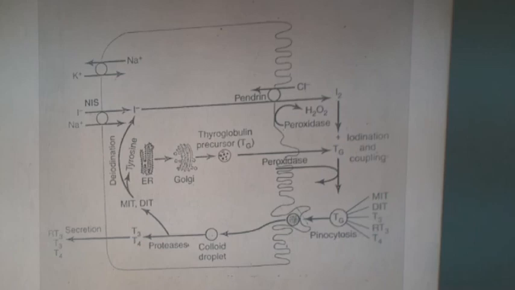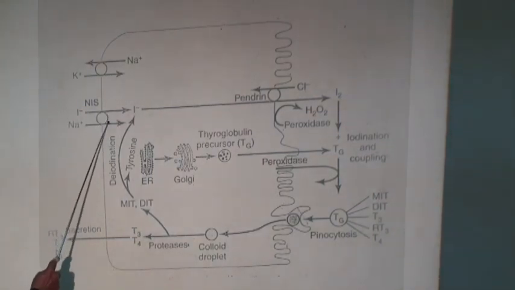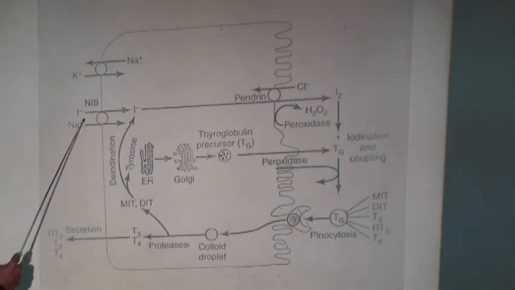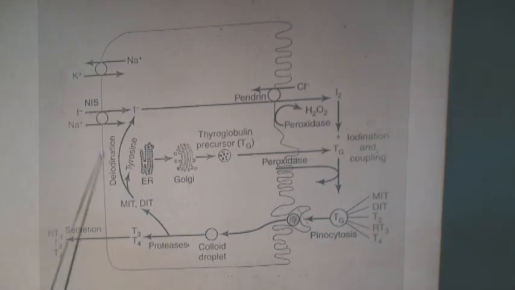Now we will have an idea about thyroid hormone synthesis and release. You see, iodine is taken from plasma on carriers along with sodium. These carriers carry sodium as well as iodine.